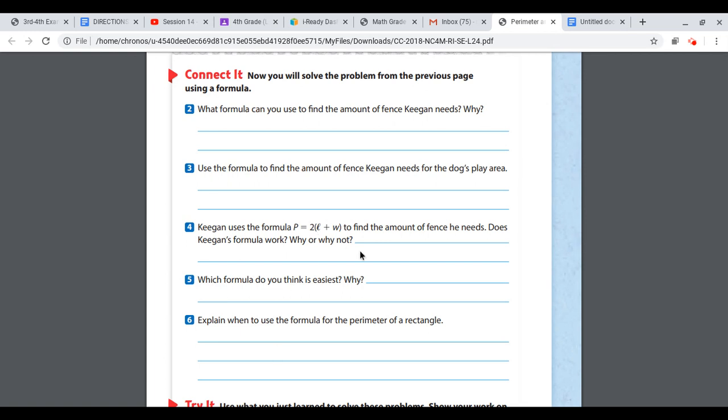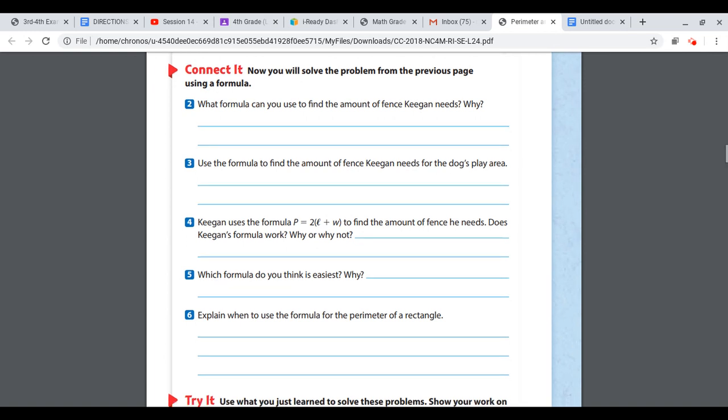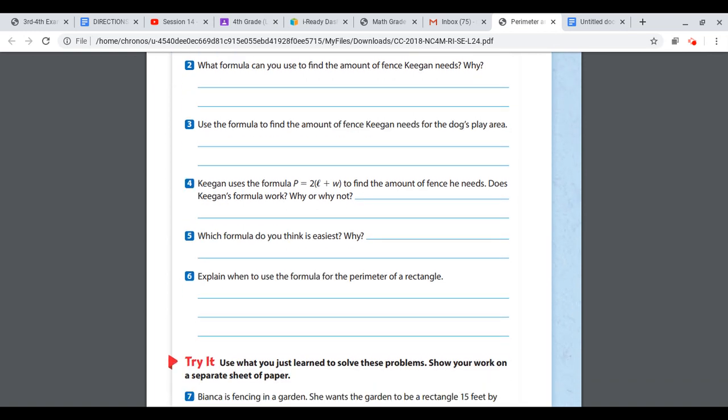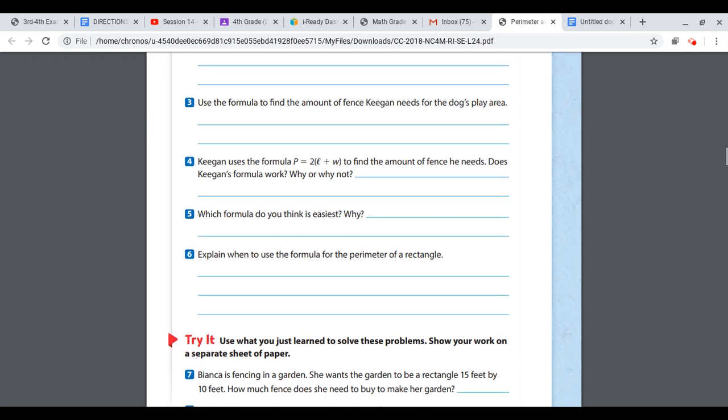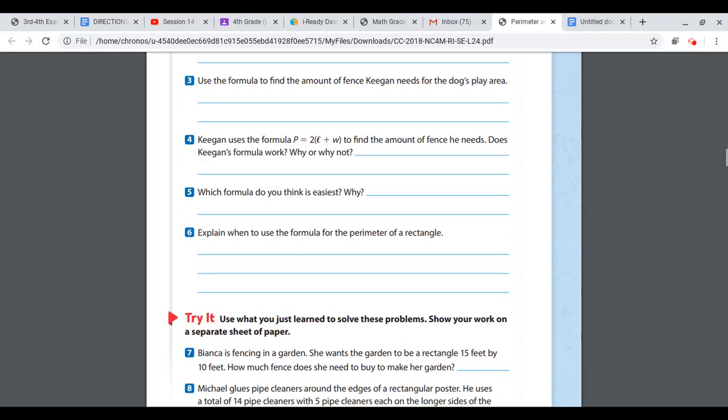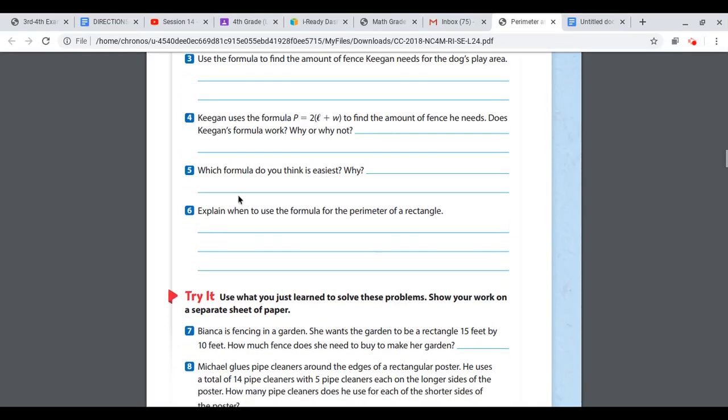You can write that down for number 4. That one was hard. Which formula do you think is the easiest and why? That's your opinion for number 5. And 6, explain when to use the formula for the perimeter of a rectangle. So this is like in real life, when would you use a perimeter?